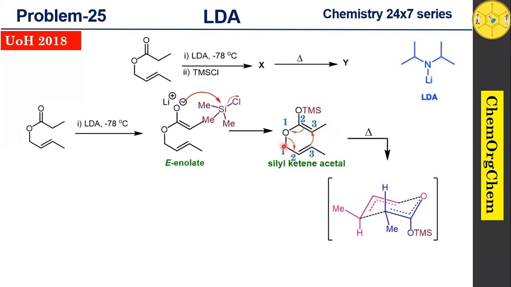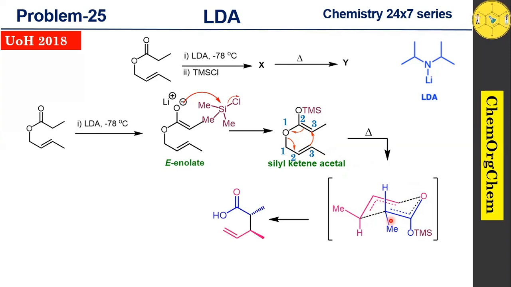When you come to the alkene part, this methyl group as well as the CH2O group are present in the opposite direction. In this way, the reaction proceeds through a cyclic transition state to produce the corresponding gamma,delta-unsaturated carboxylic acid as the product.